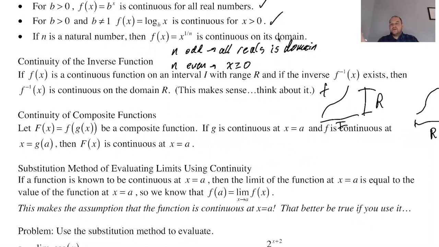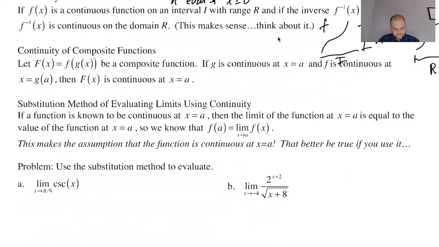If x is equal to 3, you're going to find g of 3 and try to sub it into lowercase f. So if lowercase f is continuous at whatever g of a is, then capital F is continuous at x equals a. You actually use this property a lot, and you'll see it in action in a couple of places, but in general, you don't have to worry about it a ton, but it's a thing.